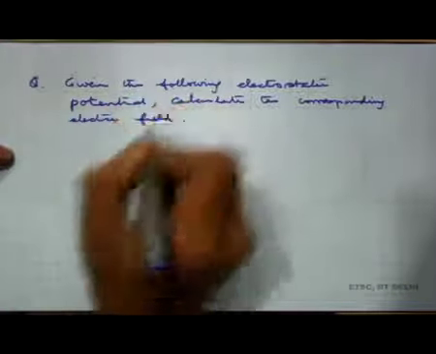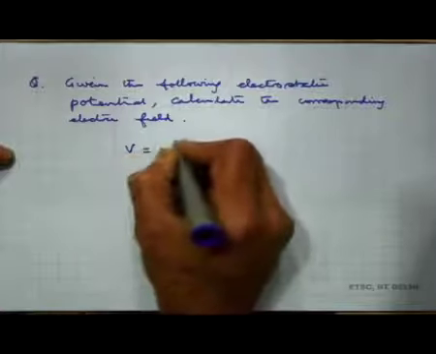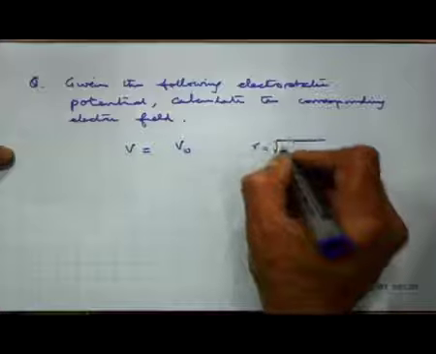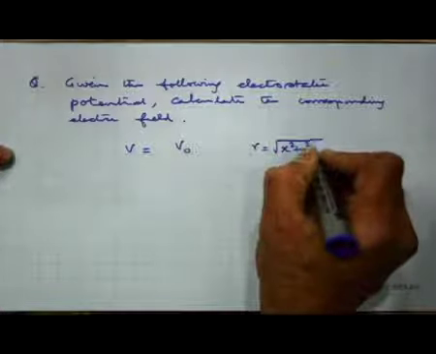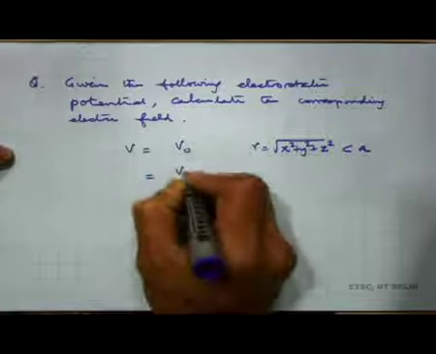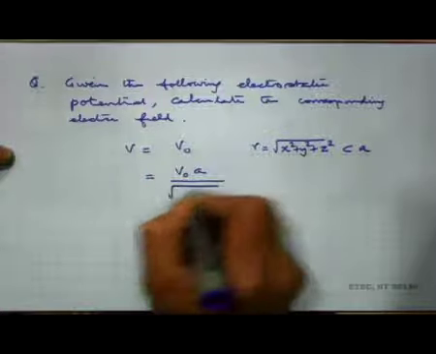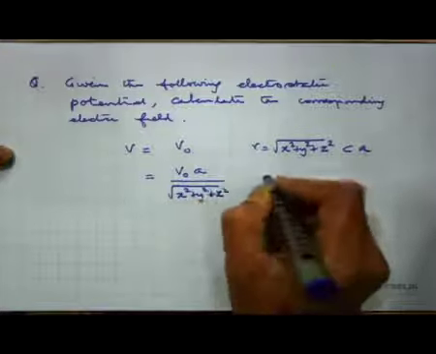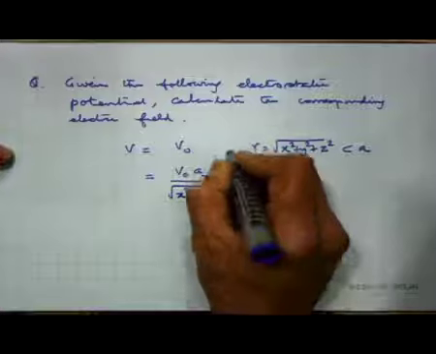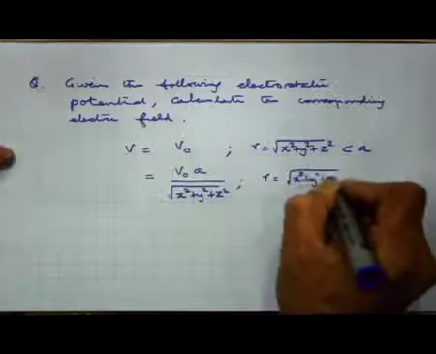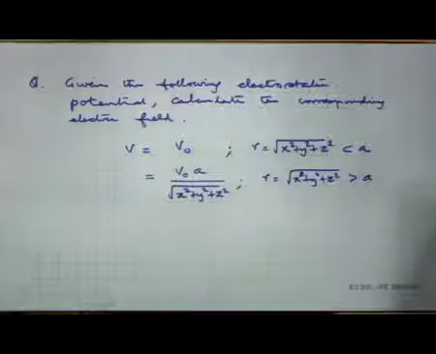So, potential V is equal to V naught for r equal to square root of x square plus y square plus z square less than a, and equal to V naught a by square root of x square plus y square plus z square for r greater than a.